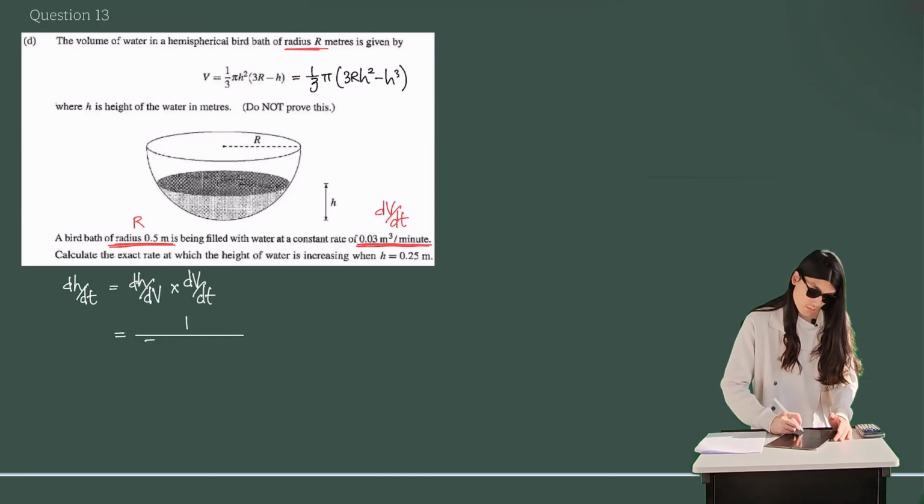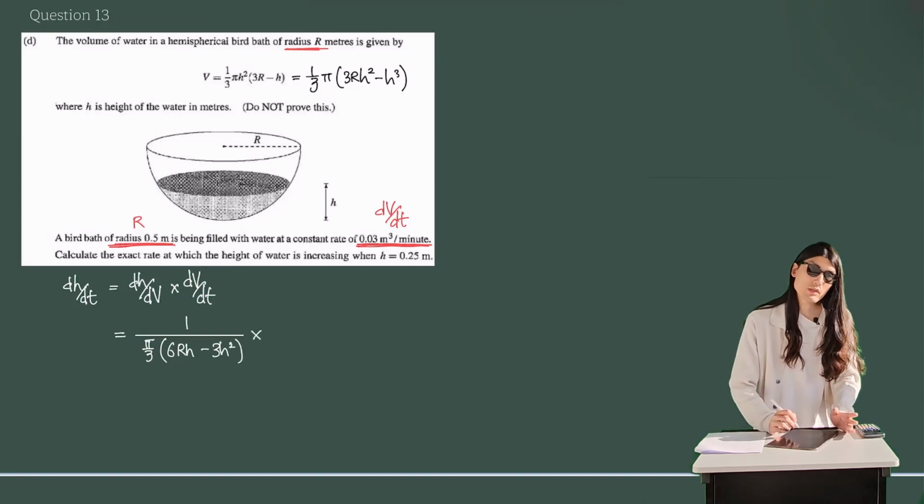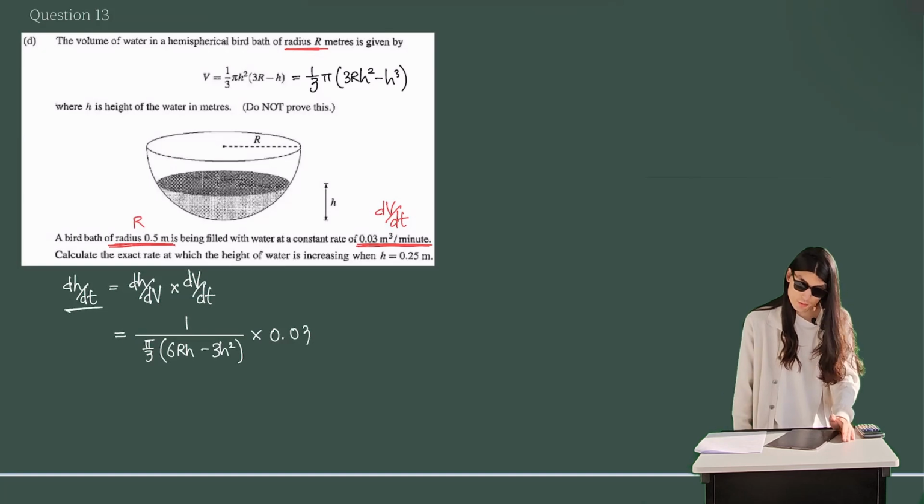And of course, I would end up with pi on 3, 6rh minus 3h squared. That multiplied by the rate of change of volume with respect to time, dV dt, 0.03, is what dH dt is equal to.